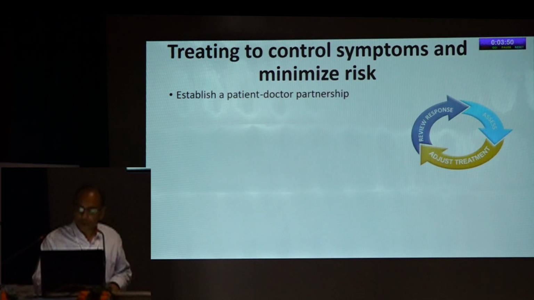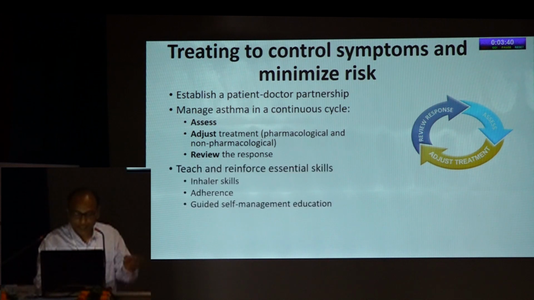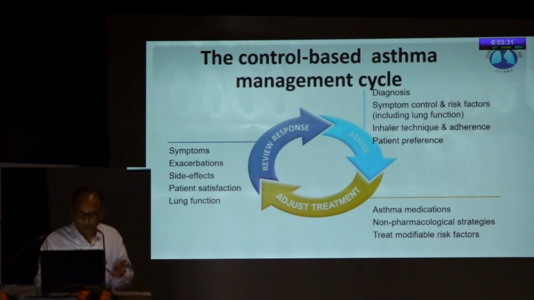You have to assess whatever treatment is on, adjust, and then next time review the response. So it's a cyclical way, and you have to teach and reinforce skills each time the patient comes: the inhaler skills, the adherence, and the guidance to self-maintenance education.